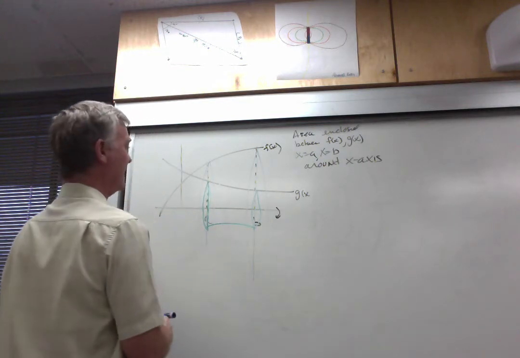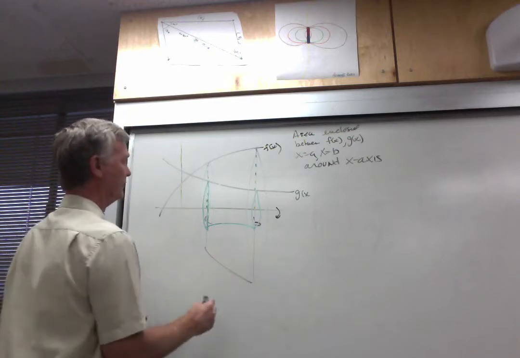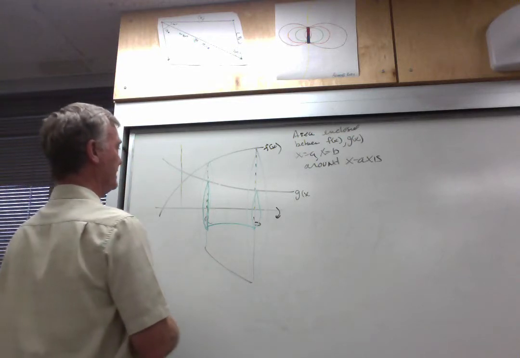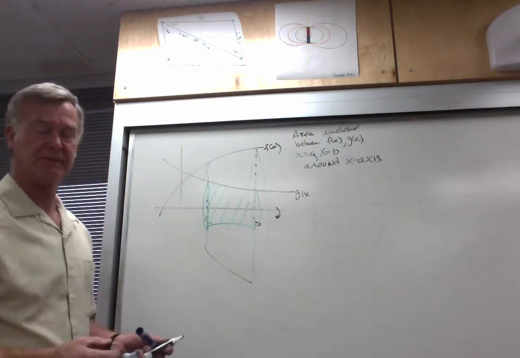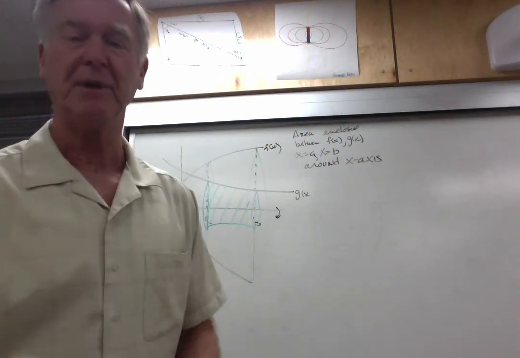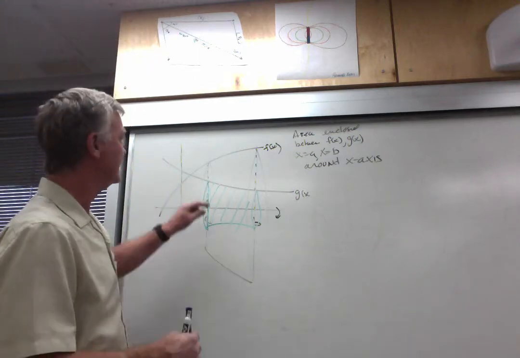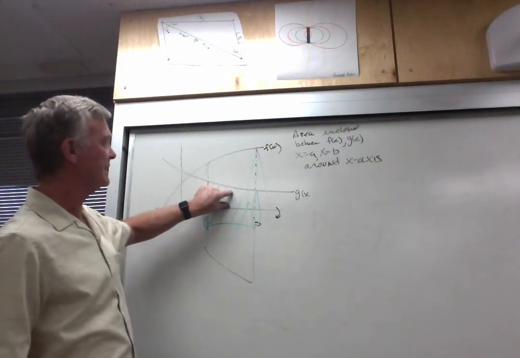And what you're going to end up with, it's hard to see it with my drawing, is a hole cut out of the middle. But really what's happening is if we're revolving it, it's this area that's being revolved, not this one.